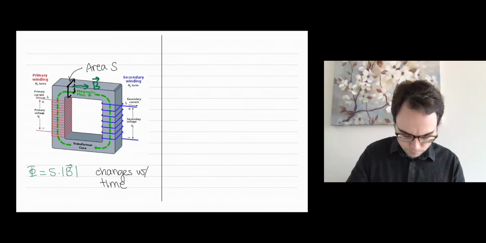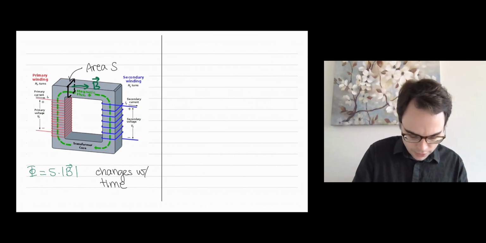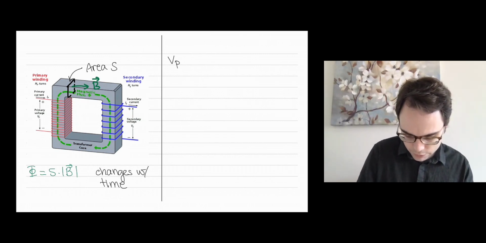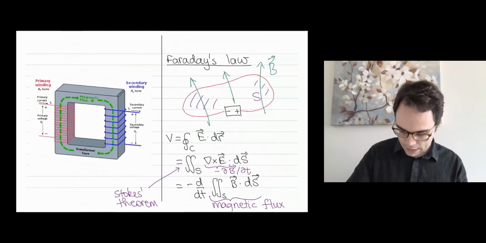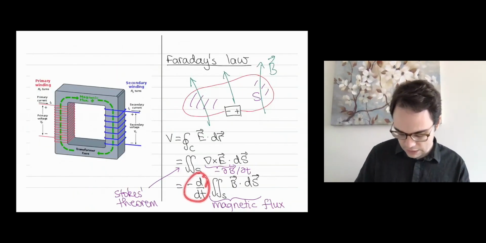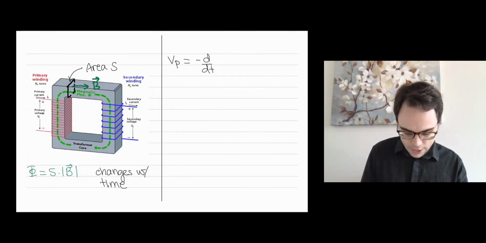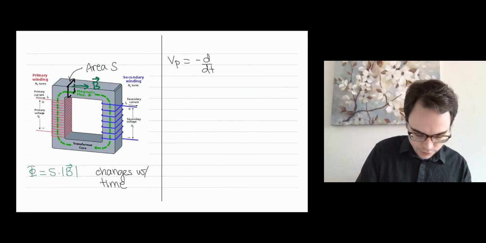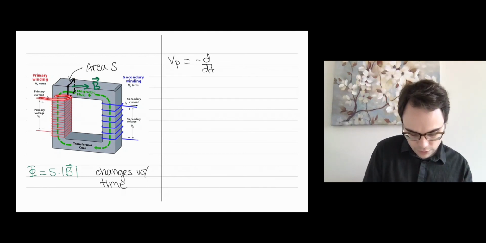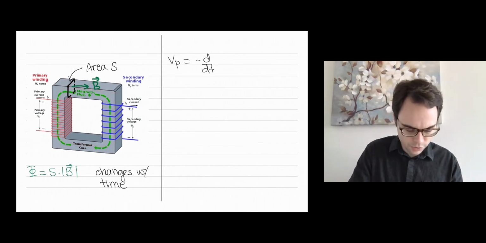Now let's look at our primary voltage Vp. Going back to the formula in the previous slide, that's minus dB/dt. Sorry, minus d/dt of the flux. If you look at the flux through the surface bound by this red wire, all the contribution is here. The magnetic field is confined within the iron core, so there is no flux out here. There is only flux coming from this part.